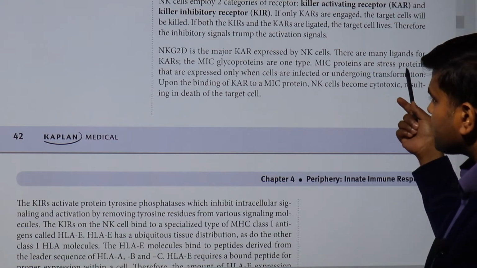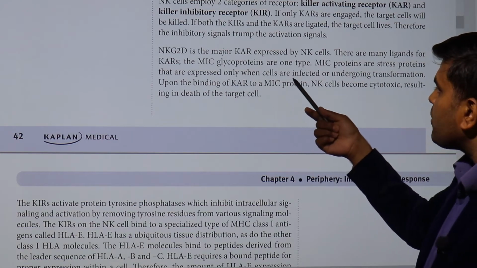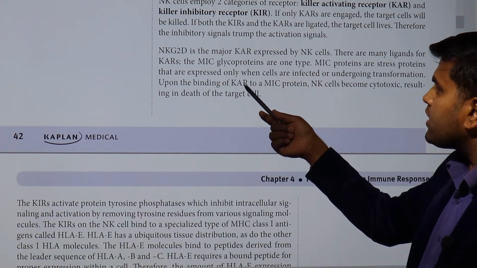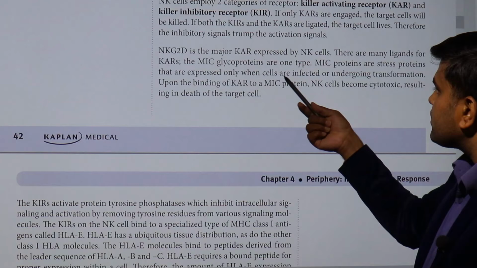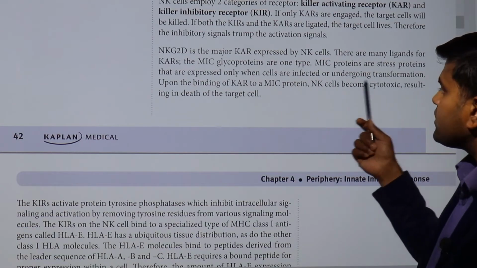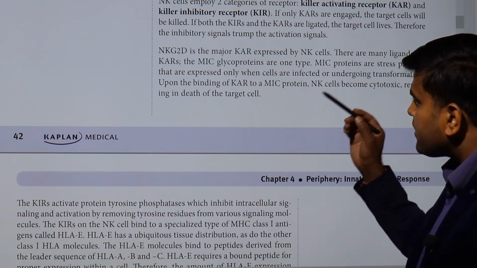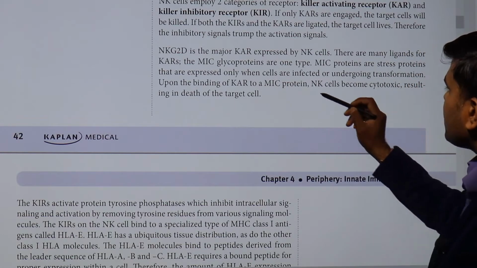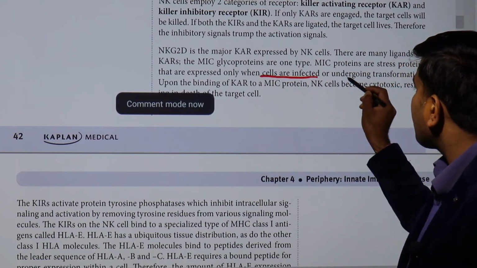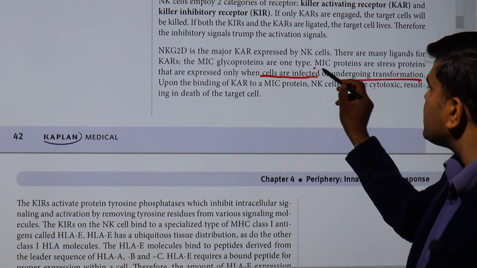MIC proteins are stressor proteins that are expressed only when cells are infected or undergoing transformation. Upon binding of the killer activating receptor to this stressor protein, the NK cell becomes cytotoxic, resulting in the death of the cell. So the killer activating receptor binds to the infected cell's protein or a stressor protein. If the cell is infected or undergoing transformation, it will express this MIC protein.